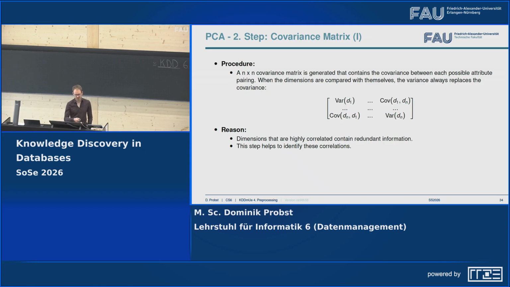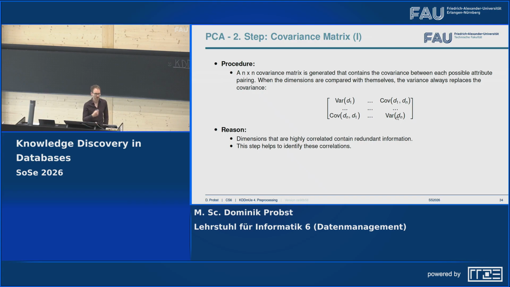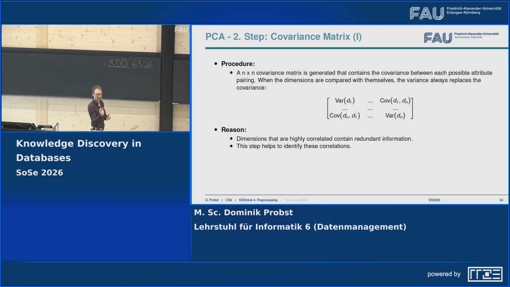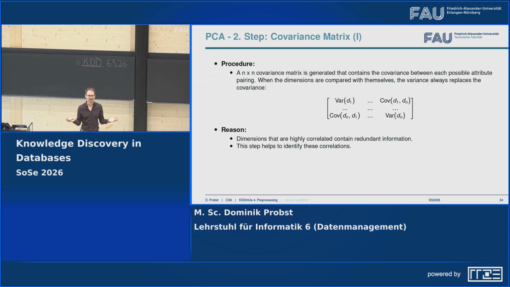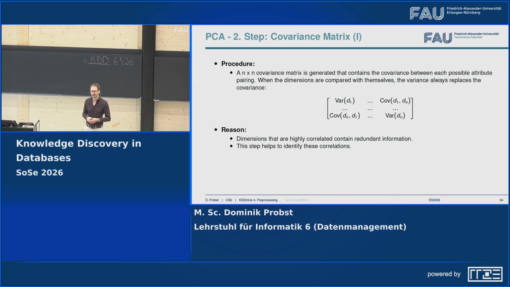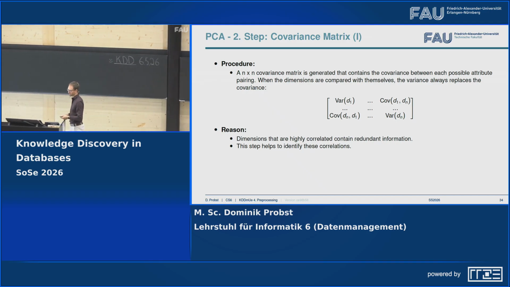For the diagonal axis, we are using the variance because, of course, the correlation between two attributes that are exactly the same is 100%. So there it wouldn't make any sense to use the covariance.